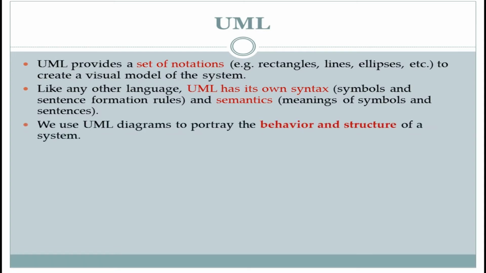We use UML diagrams to portray the behavior and structure of a system. That is what UML is all about. Rather than a language, it is a set of notations that has its own syntax and semantics, which is used to portray the behavior and structure of the system. This is the overview of UML.